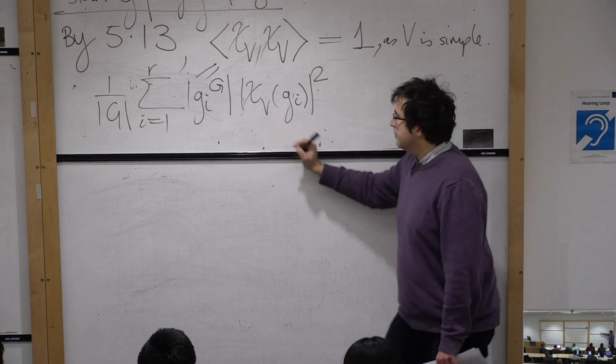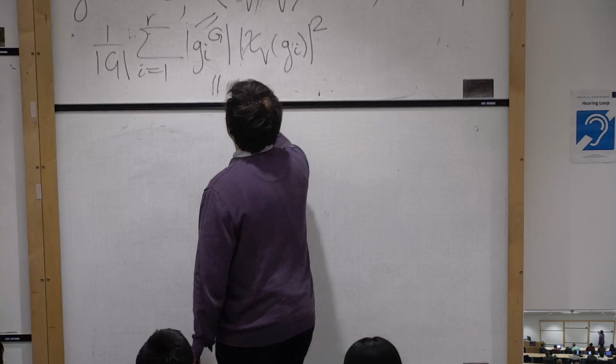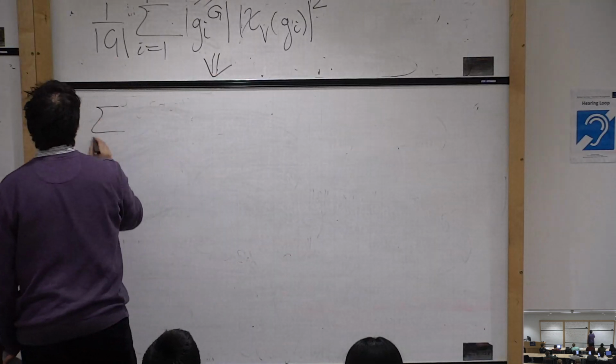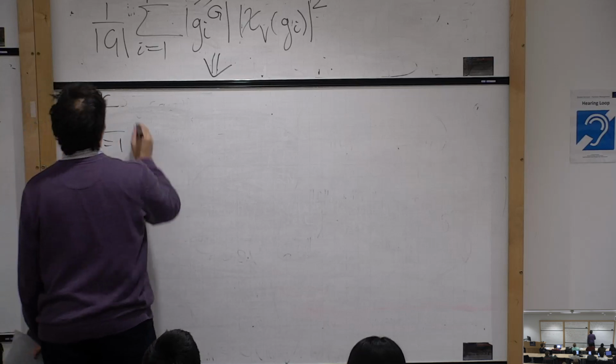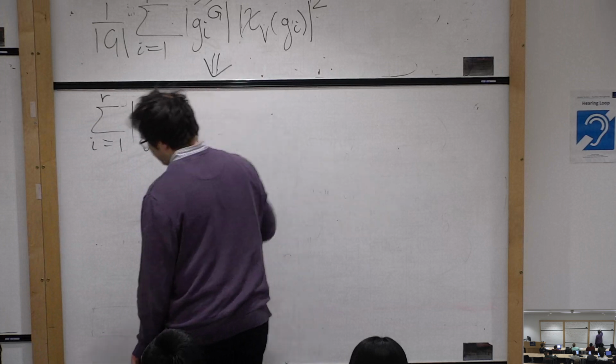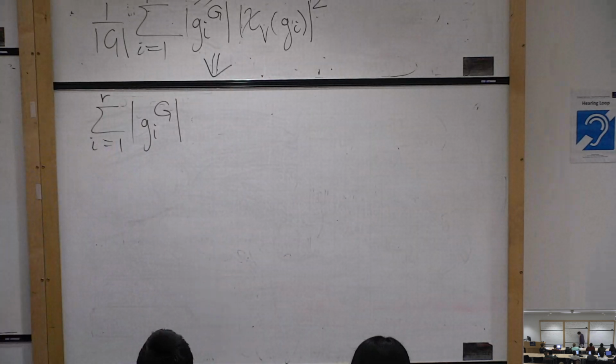Now I'm going to break up this norm squared and multiply by mod G. I'm going to say that for a complex number u, mod u squared is u bar times u. Ready?